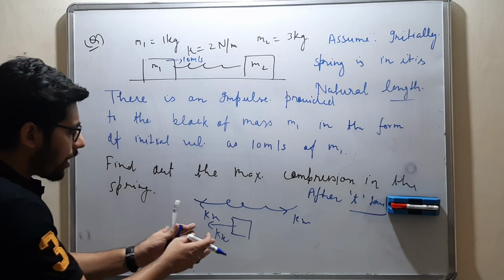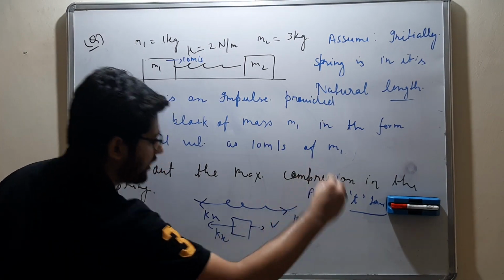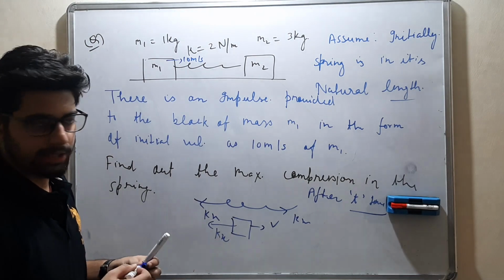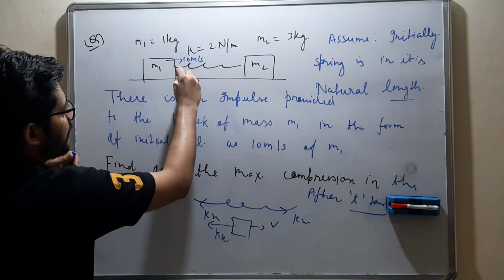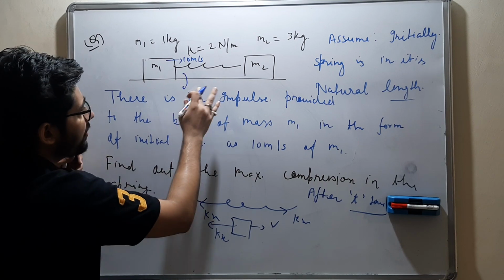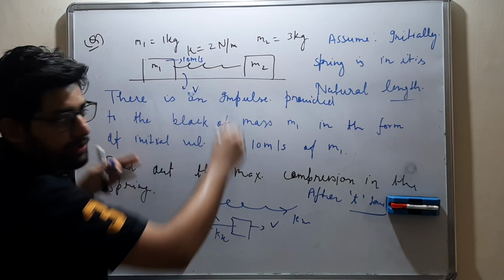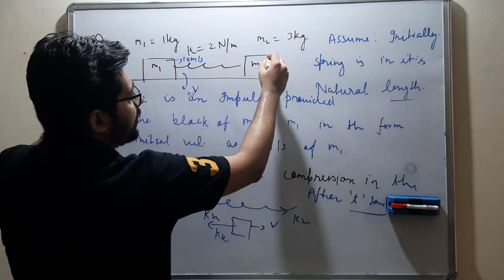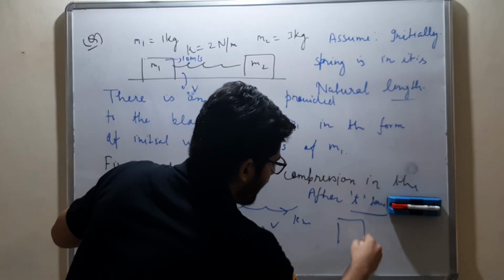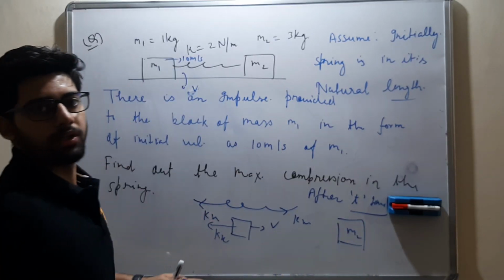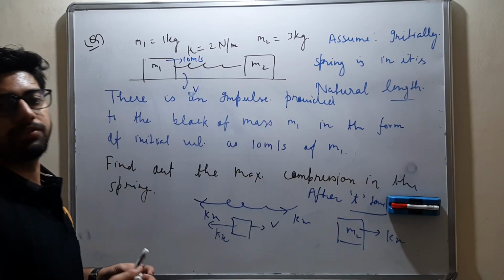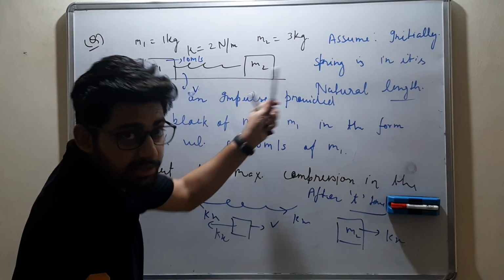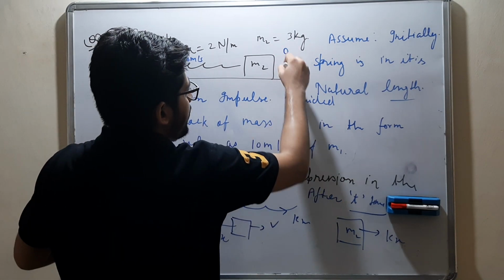Now the velocity will be somewhere, let's say v. This 10 will go down to some velocity v, and at the same time, in the FBD of the other block, the spring will push it away, so this block will start moving and gain a velocity.